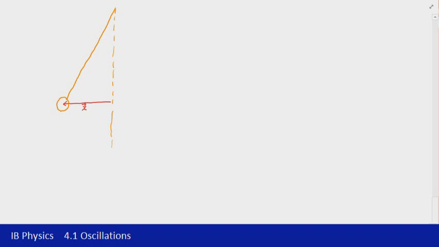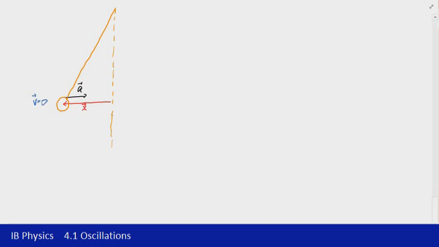We know then also that the acceleration is going to be in the opposite direction to that and proportional to it. I'm just going to represent this as about half as big as the displacement, but how big it is would depend on, say, the length of the pendulum itself. We also know out here that the velocity of the pendulum is going to be 0, so it's going to be stationary for that brief instant while it's swinging out there.